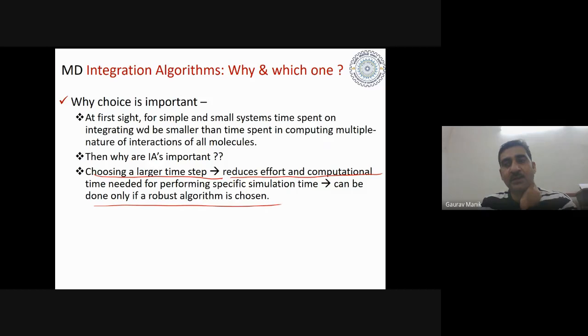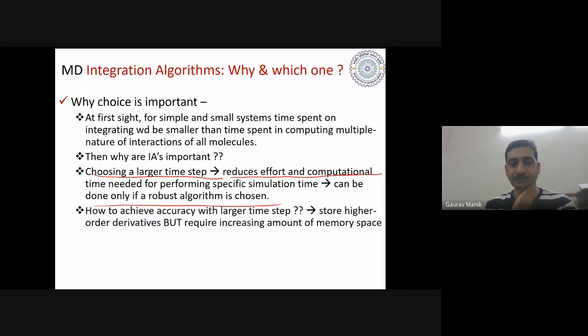By instability, I mean that some of the molecules which are actually bonded may appear to break away and go off to infinite space. So they might just go out of your system. These are the problems which may happen if your algorithm is not robust and you choose a larger time step.